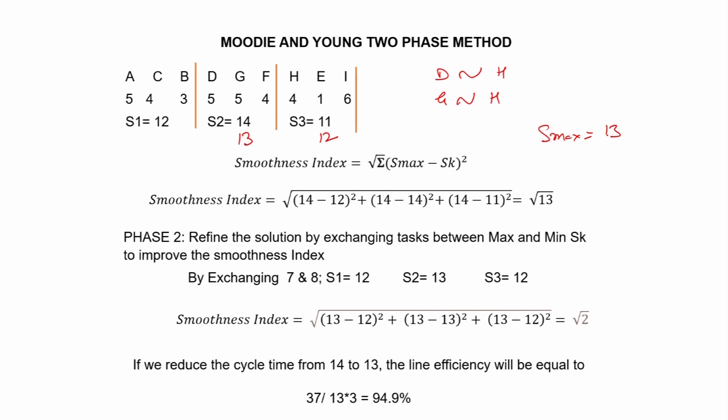Then I can calculate the smoothness index in this manner: 13 minus 12 whole square, 13 minus 13 whole square, 13 minus 12, that is under root 2. So the smoothness index, which in the previous case was under root 13, has been reduced to under root 2.